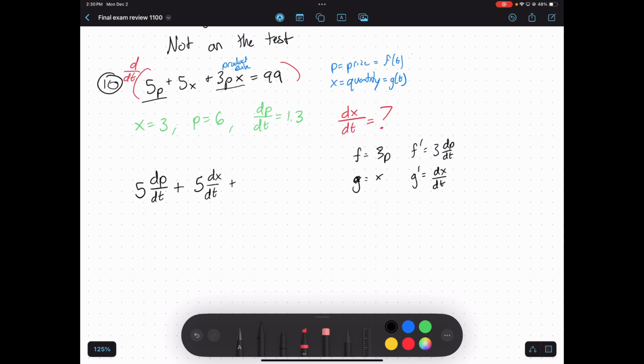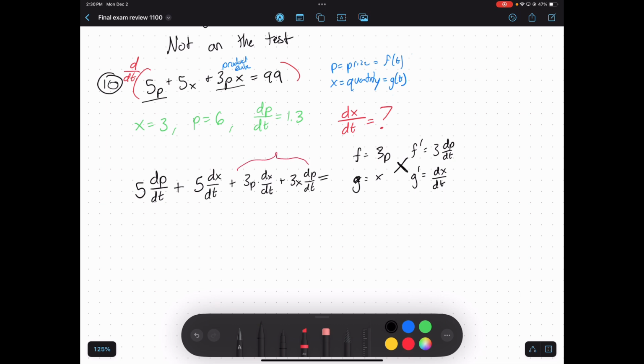So I get plus these two terms multiplied together. So 3p times dx over dt plus these two terms multiplied together. So 3x dp over dt. Awesome. So that's after I use the product rule. So this was my derivative of that third term.